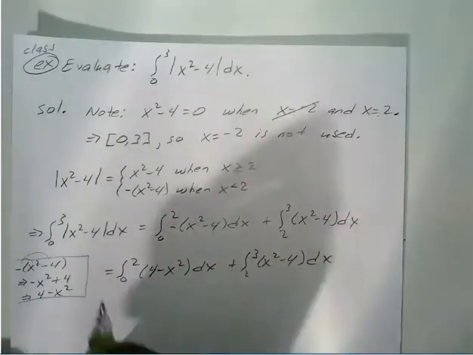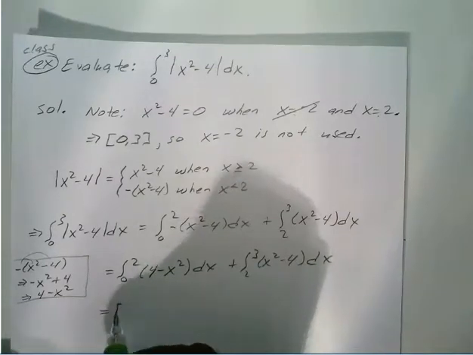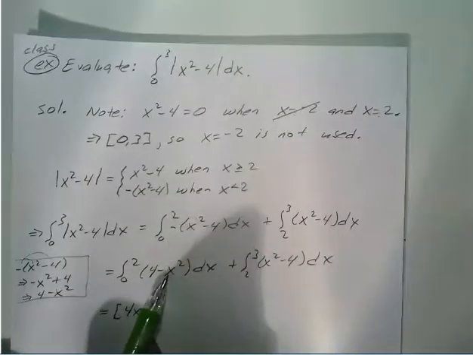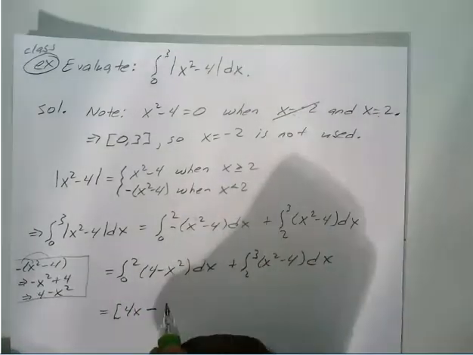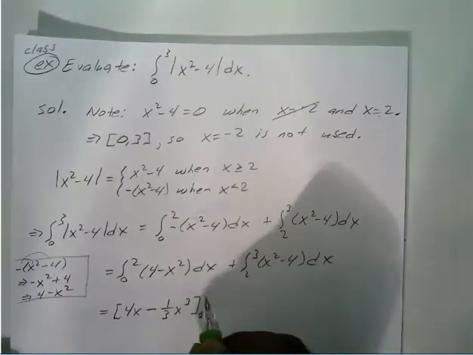Okay, so if we go ahead and integrate 4, we just end up with 4x. And if we integrate x squared, we have x to the third over 3, or we can write it as 1/3 x to the third. And that's from 0 to 2.